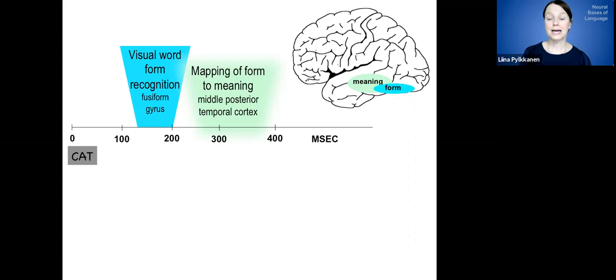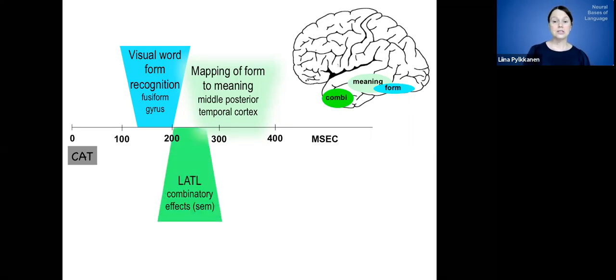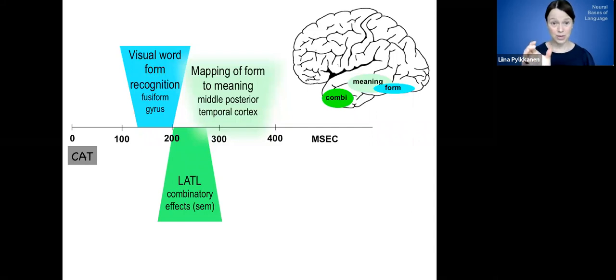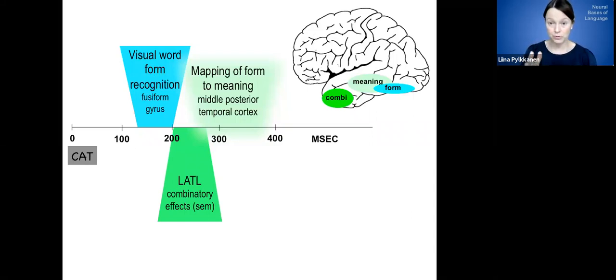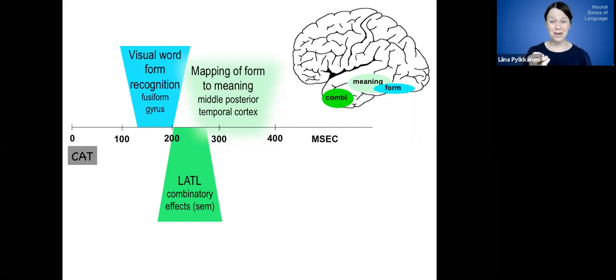Now I told you to imagine that our word is in a combinatoric context. What have we learned about the integration processes of a word to its combinatoric context? Well, I've told you about the left anterior temporal lobe. And in this region, in a relatively early time window, which lands between the visual word form effects and the really meaty lexical semantic effects around 300 to 400 milliseconds, we already see some evidence of semantic combinatory effects.